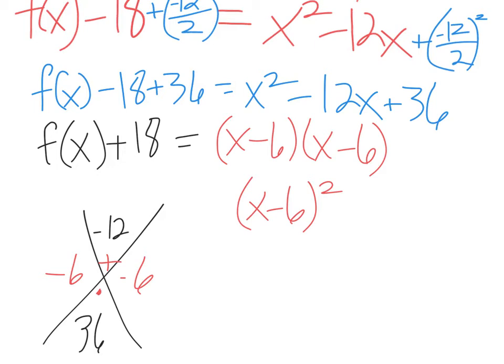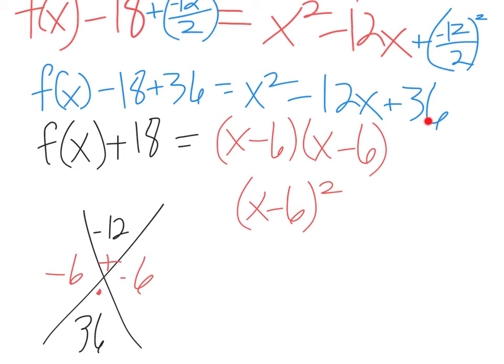So that's what it means to be a perfect square trinomial, because when you factor it, it's just going to be one binomial being squared, okay? And you don't really have to do all this to factor a perfect square trinomial. The shortcut I like to think of is, I like to think of it two ways.